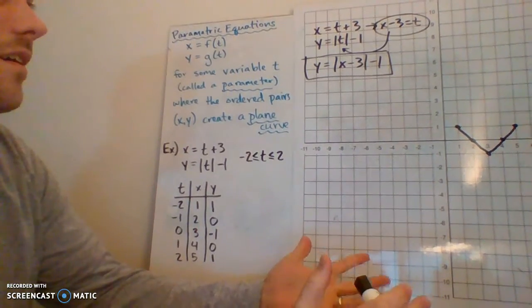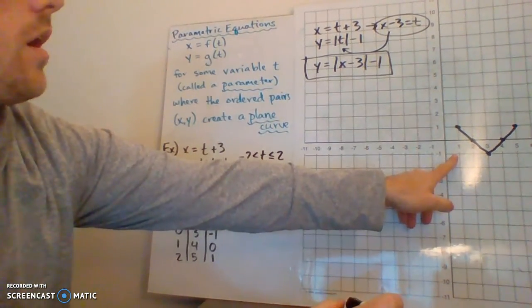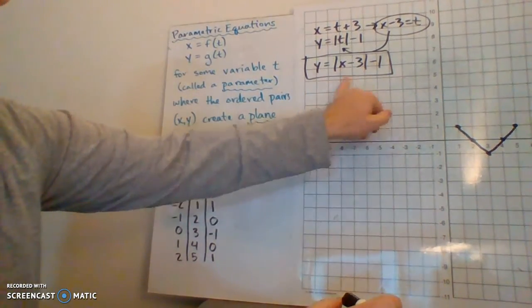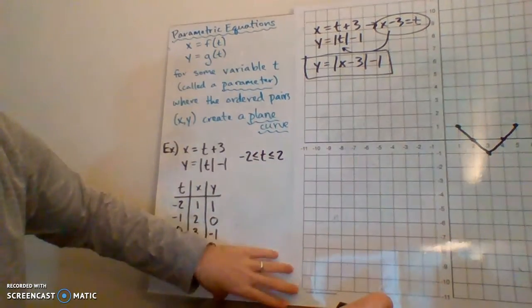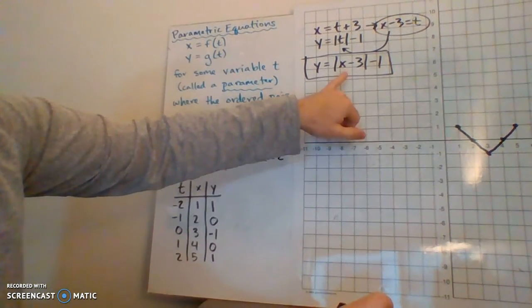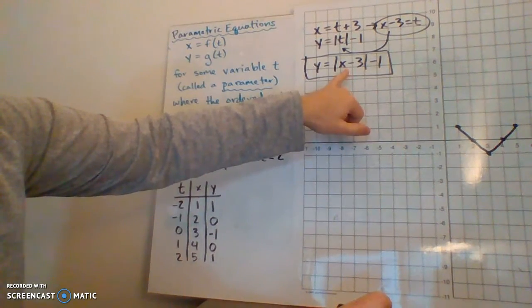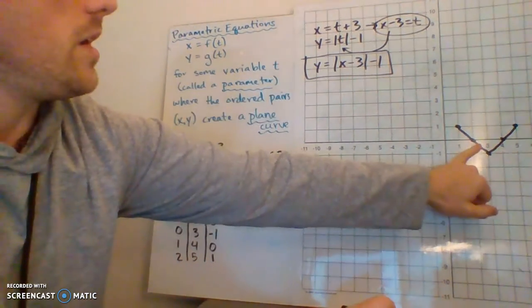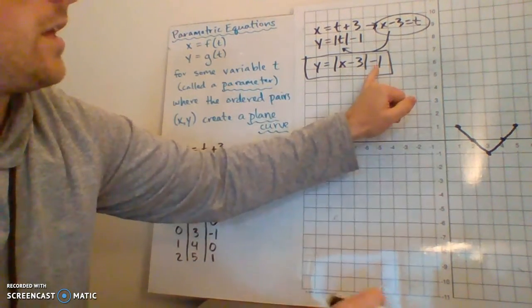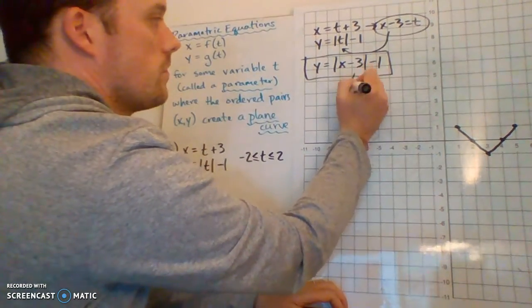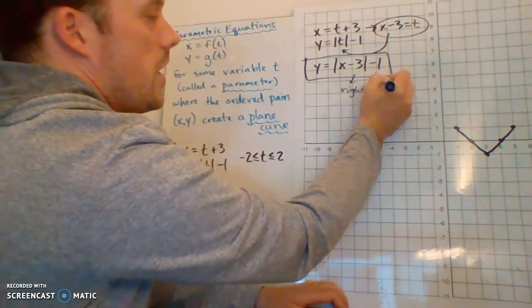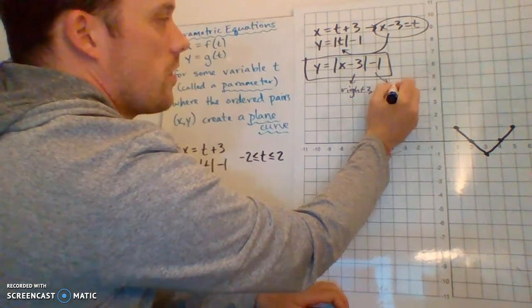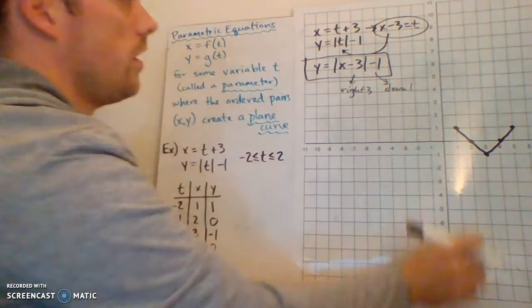And if we compare that to our graph, it's an absolute value function, which is what our graph appears to be. We have minus 3 on the inside, so that tells us a shift of right 3. And minus 1 on the outside tells us that we're going to shift down 1.